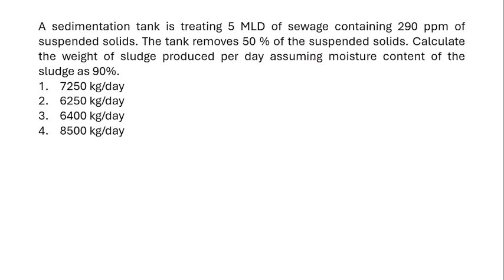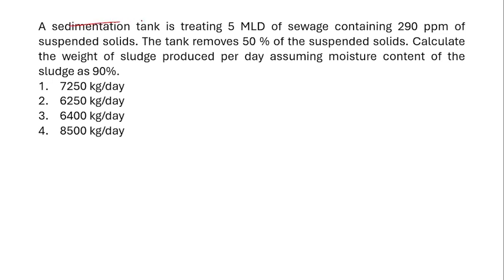Now coming to the problematic question: a sedimentation tank is treating 5 MLD of sewage containing 290 ppm of suspended solids. The tank removes 50% of the suspended solids. Calculate the weight of the sludge produced per day, assuming the moisture content of the sludge as 90%.